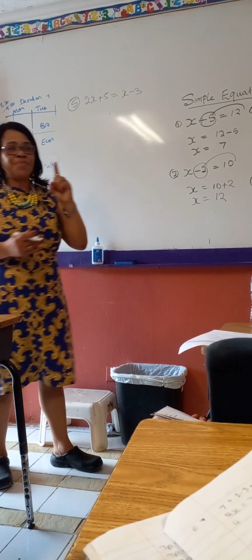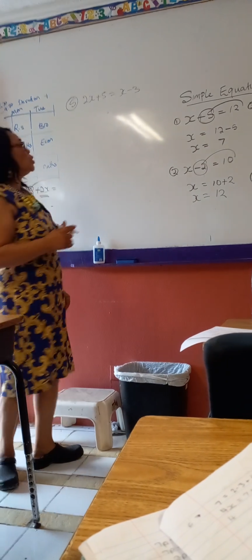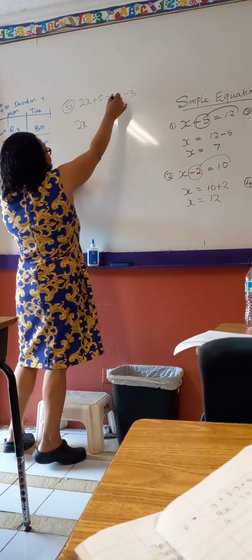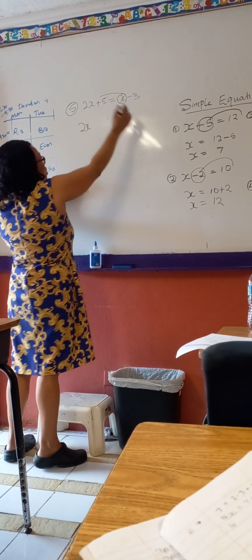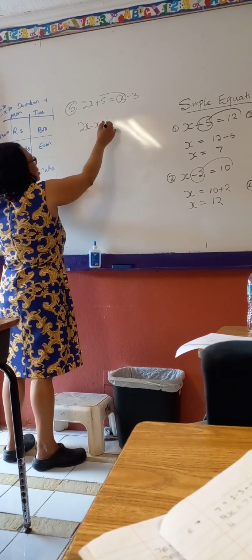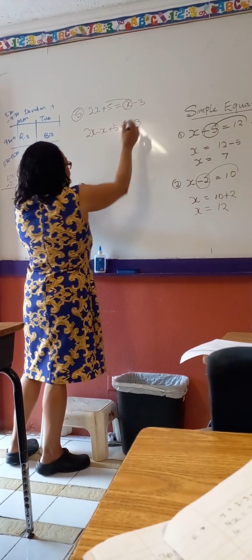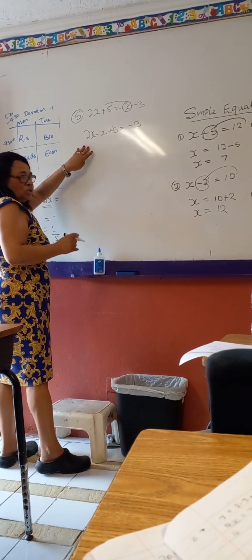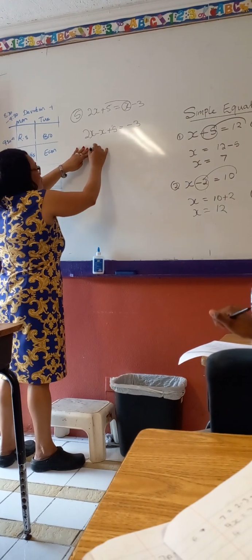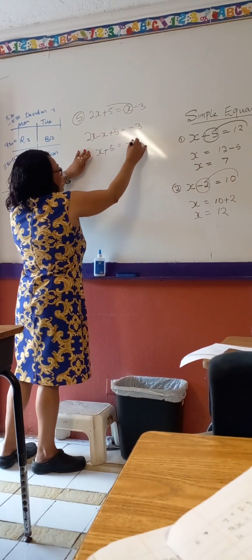I take it step by step. So I'm going to regroup my letters first. So I go 2x, let me bring over x, and it's going to become minus x. But like this, plus 5 is equal to a negative 3. Now 2x minus x is going to leave me with x. So x plus 5 equals negative 3.